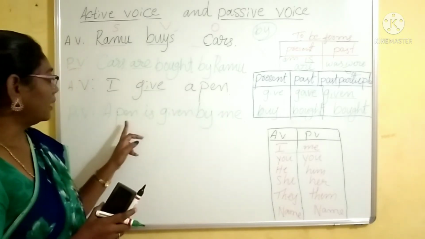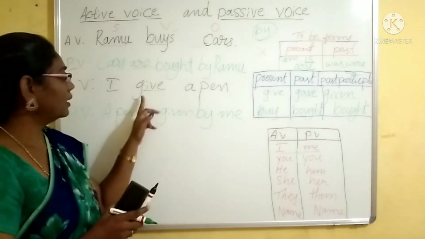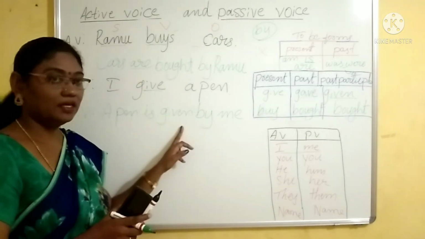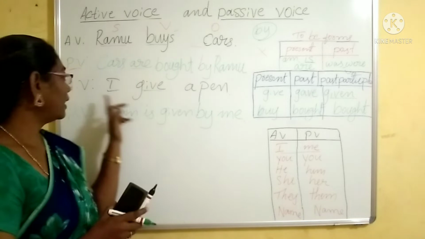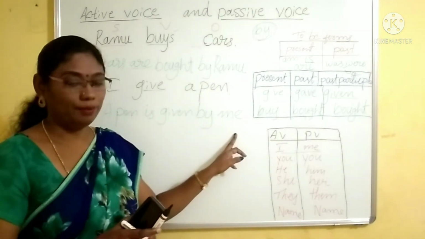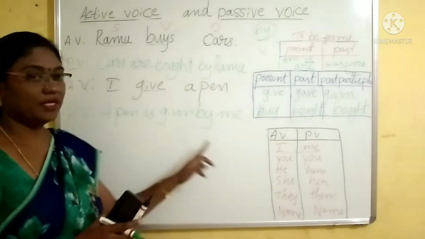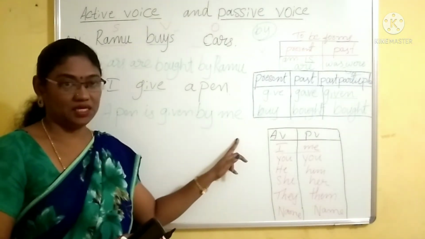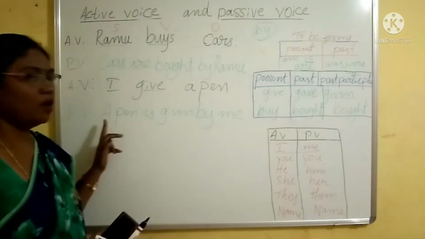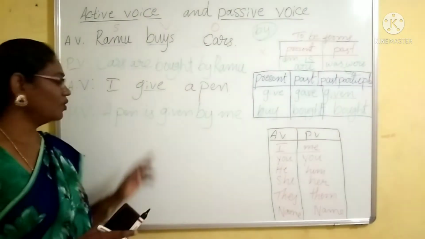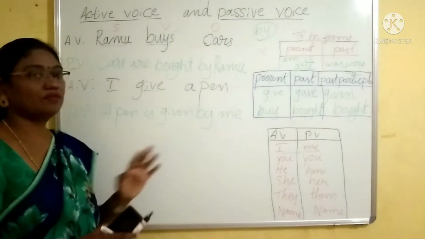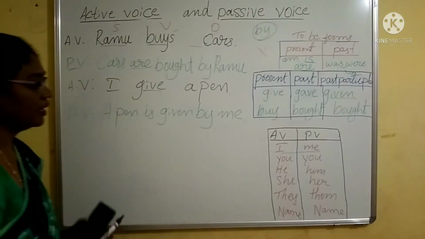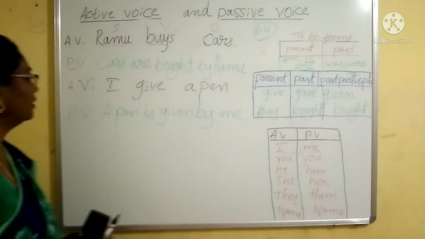A pen is given. V3 we have to write, then by, and I will become me. This is the method. A pen is given by me. There is no change in meaning. Only the expression, the voice, is changed. That's it.